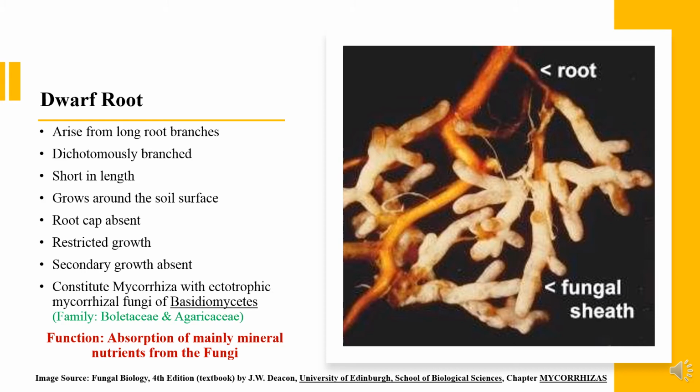Fungi of Basidiomycetes family Boletaceae and Agaricaceae are the main types of fungi which form mycorrhiza with Pinus roots. The main function of these roots is to help absorb mineral nutrients like phosphorus, which is difficult for the plant to absorb by itself without the help of fungi.